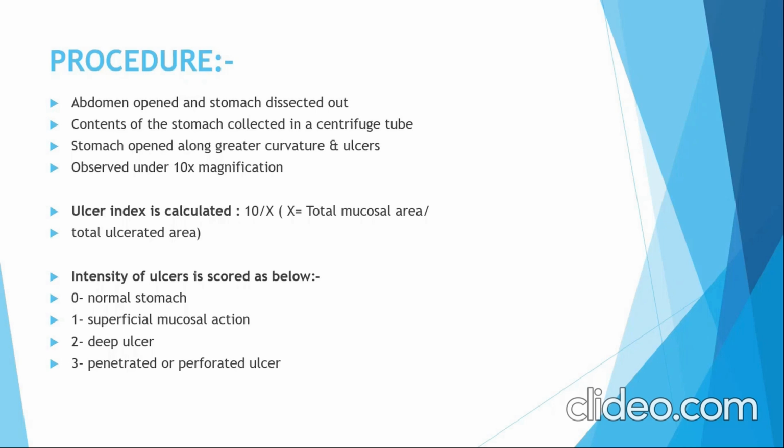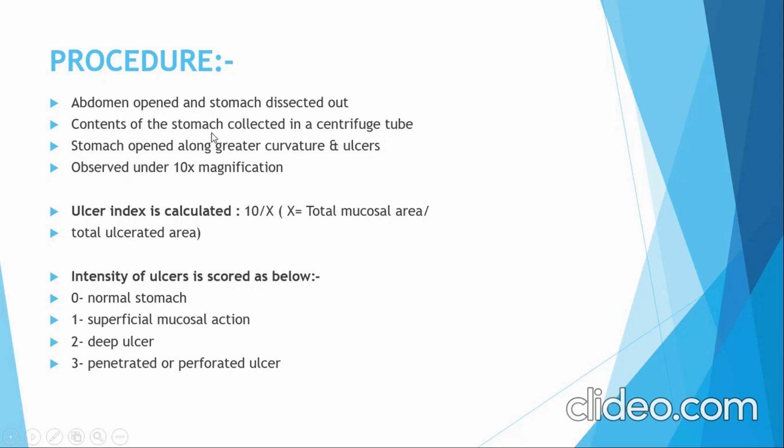After 19 hours, the animals are again anesthetized with light ether, and then the anesthetized rat is kept in the dissection tray. Then the abdomen is opened and the stomach is dissected out.